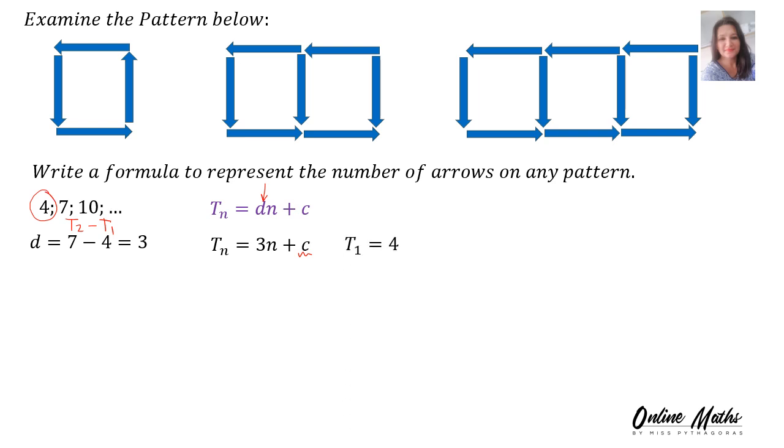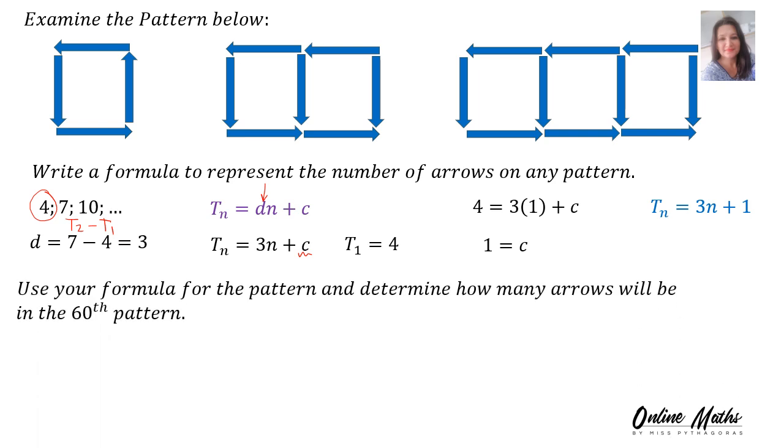So that means n is 1 and Tn is 4. So in Tn's place we substitute 4, and in n's place we substitute 1. And then 4 is equal to 3 plus C, and the 3 will walk across, and 4 minus 3 is equal to 1. So your general formula for this sequence will be Tn is equal to 3n plus 1.